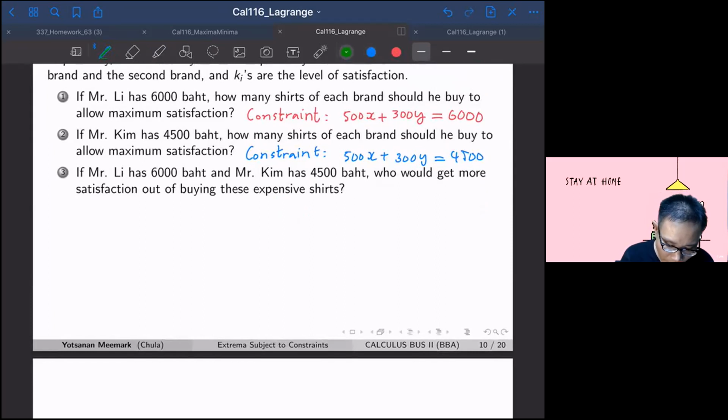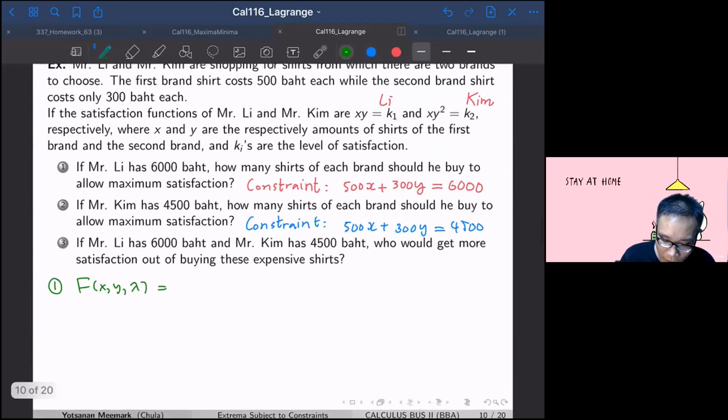So for number one, you're going to construct F(x, y, lambda), and you're going to use the certification function for Mr. Lee, so it's going to be xy. And the constraint will be 500x plus 300y minus 6,000, so it's going to be lambda times (500x plus 300y minus 6,000).